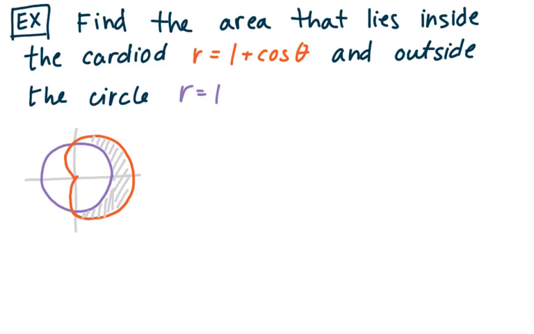Okay, so let's set this up. Area, my bounds on theta. What are my thetas going to go between? Thinking about this in radians, we would be inclined to say negative pi over 2 to positive pi over 2.